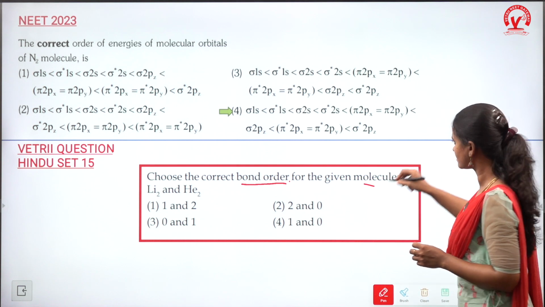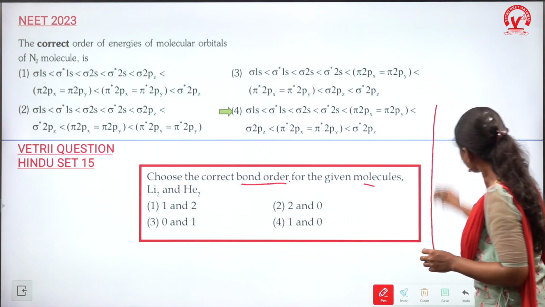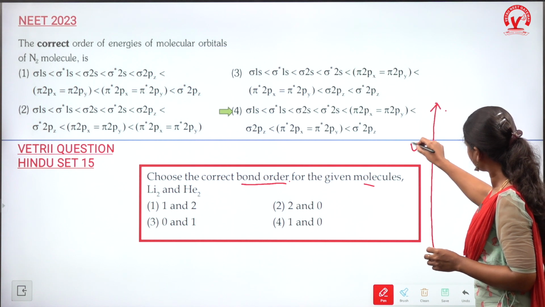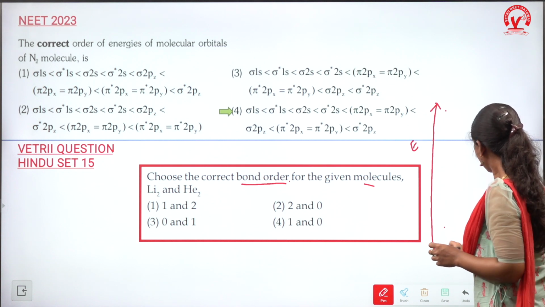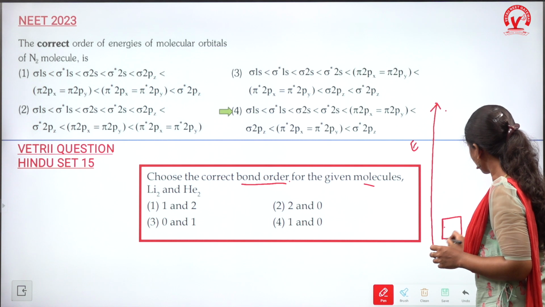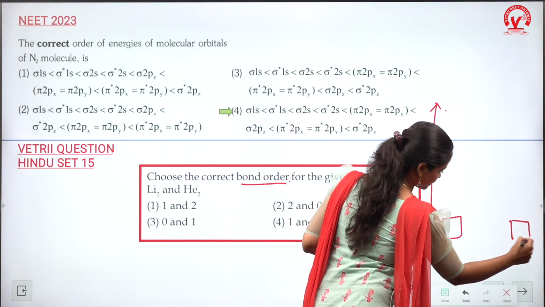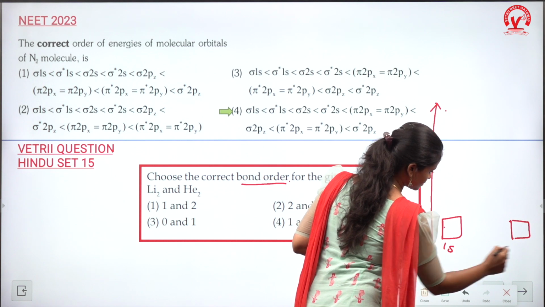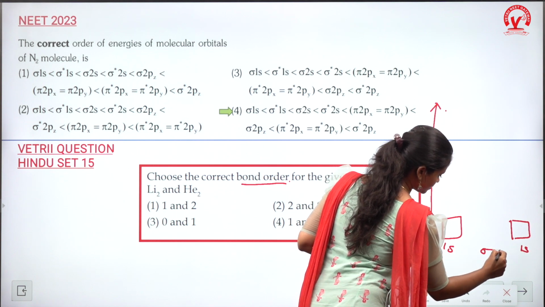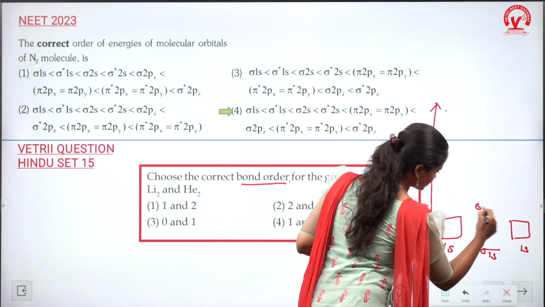How can we write? This is an energy diagram for nitrogen. Sigma 1s, sigma star 1s.